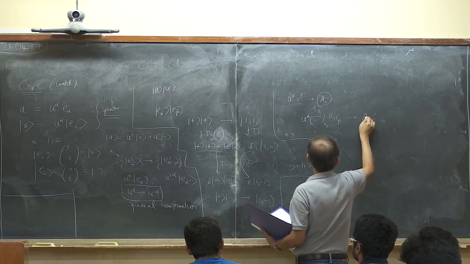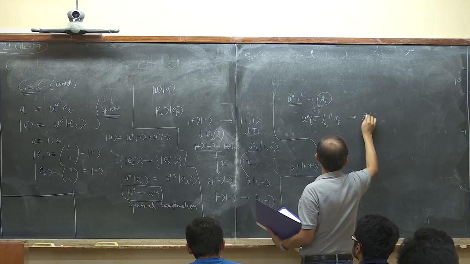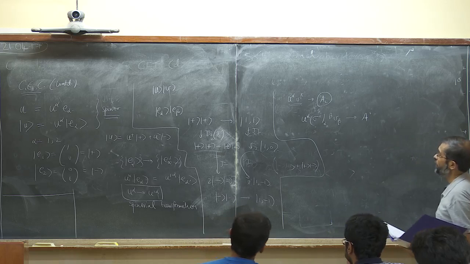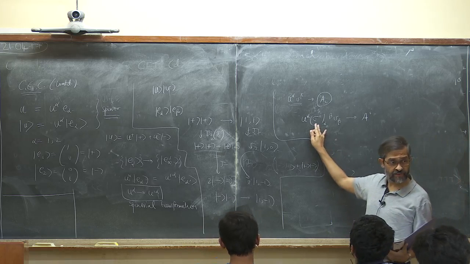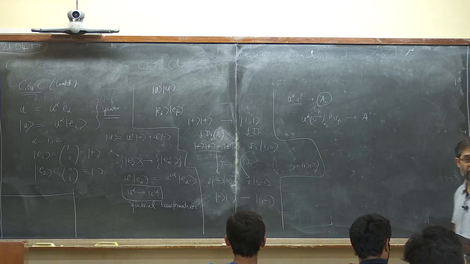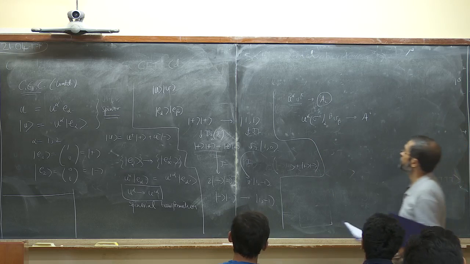This behaves like a vector, where these are the Pauli matrices, and alpha beta, as I said, are components which go over the range 1 and 2.